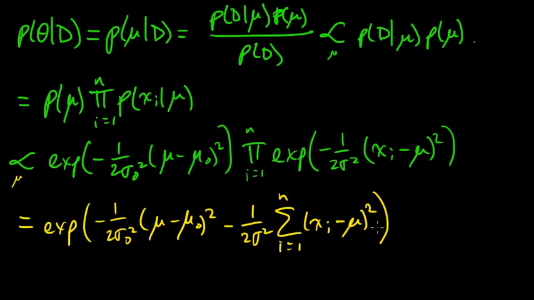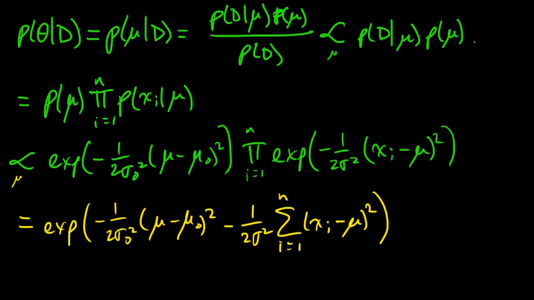So thinking about how this depends on mu, if you were to multiply these out and collect terms, then you would see that you'll have a constant plus something times mu plus something times mu squared. So it's a quadratic in mu, and that means that, if you know your probability distributions, it's going to be a Gaussian. This is going to be a Gaussian for mu.